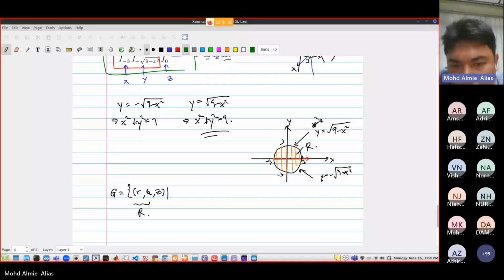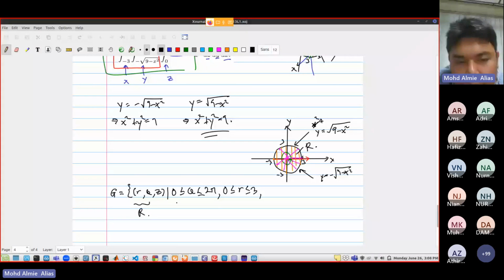Let's start from here. You have one complete circle, which means that theta is from 0 to 2 pi. And for all these values of theta, you always have radius from 0 to 3.